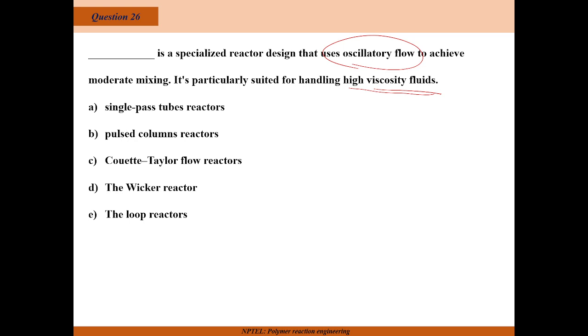So we have single pass tube reactors, pulse column reactors, Couette-Taylor flow reactors, Wicker reactors, loop reactors.